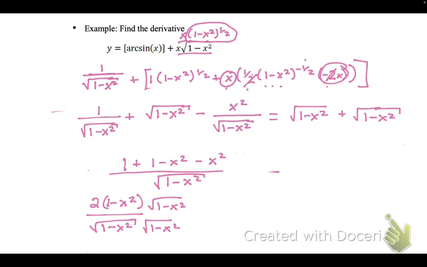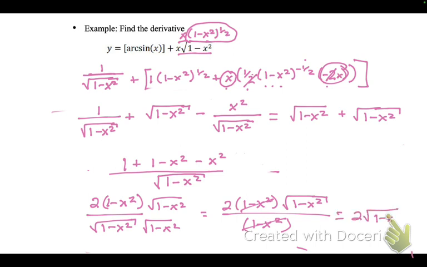We've spent a lot of time on this problem, but it's good for us to think about problems like this. Because if we do this, we have 1 minus x squared, the square root of 1 minus x squared, all over 1 minus x squared. So what happens to the 1 minus x squareds? They reduce, and I have 2 times the square root of 1 minus x squared.